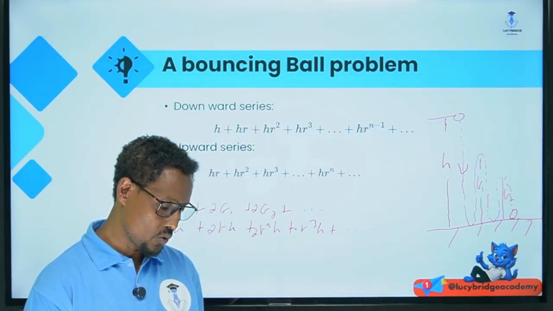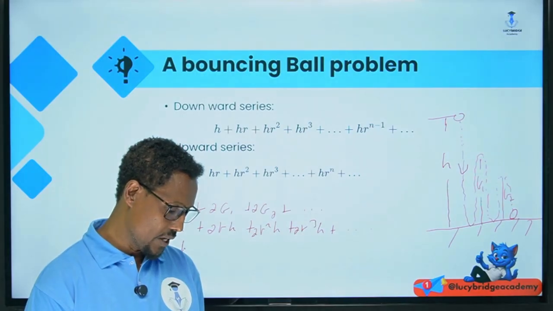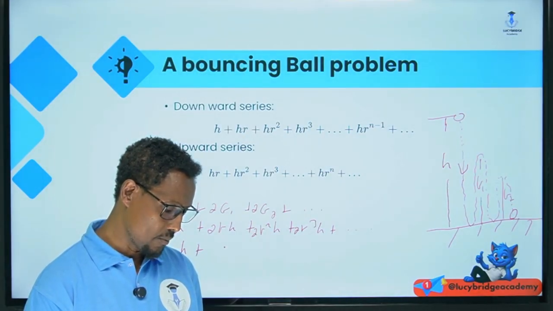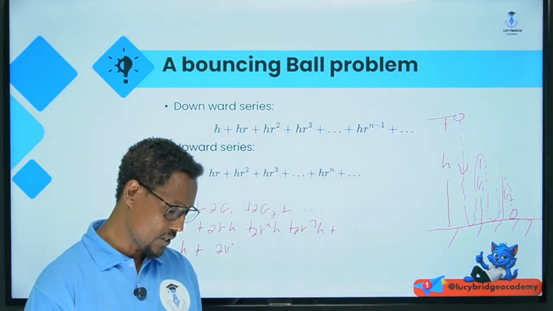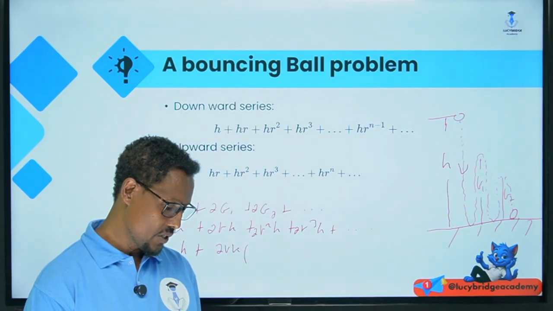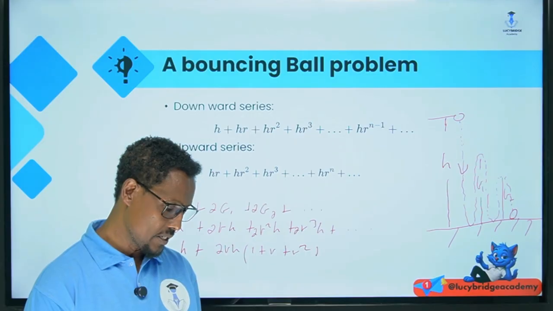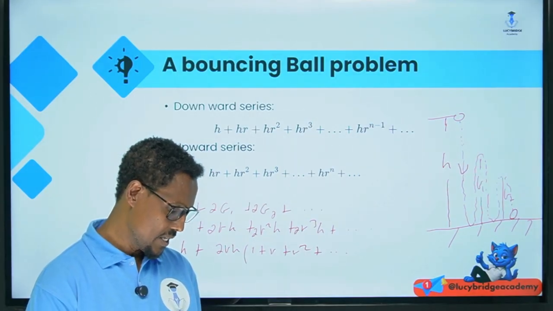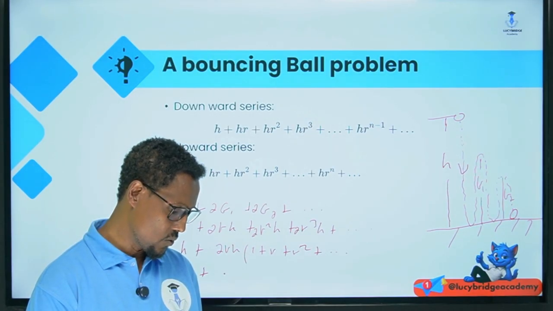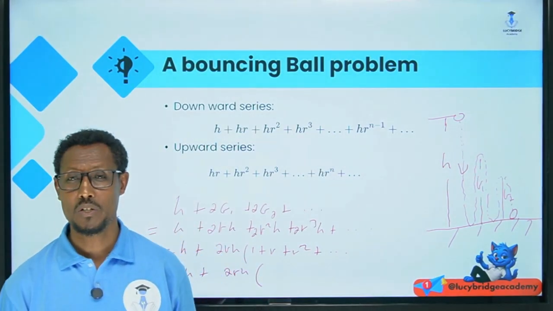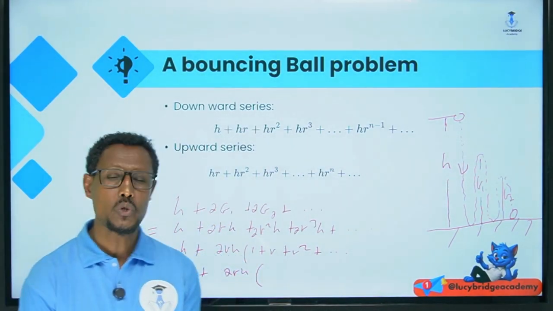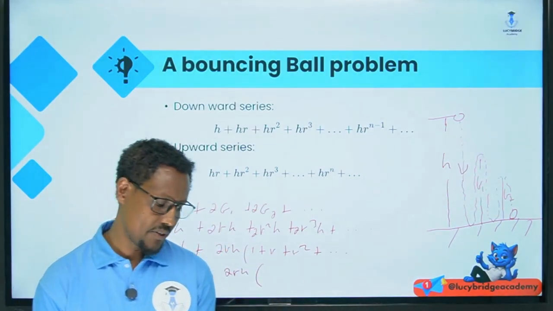2r squared h, 2r cubed h, okay. Now h plus, we have 2rh common, which is 1 plus r plus r squared plus it continues, okay. This means h plus 2 times rh times (1 plus r plus r squared plus r cubed), which is a geometric progression, okay, with common ratio r and the first term 1.